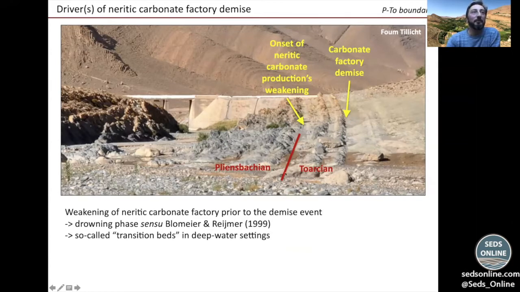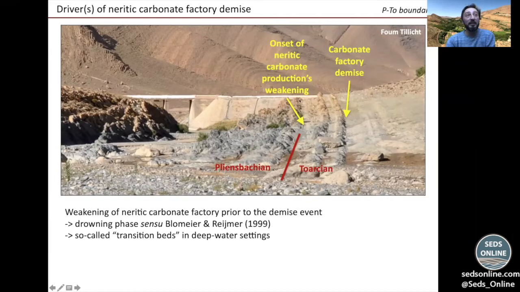And you can see from that here that all of a sudden you have an increase in the spacing in terms of the marl interval, and there is also a drop in the carbonate content in the limestone. And so we can infer from that there is a diminution of the production of carbonate. So the carbonate production starts to be weakened, and so there is less export into the basin. And that coincides with the first arrival of the siliciclastics.